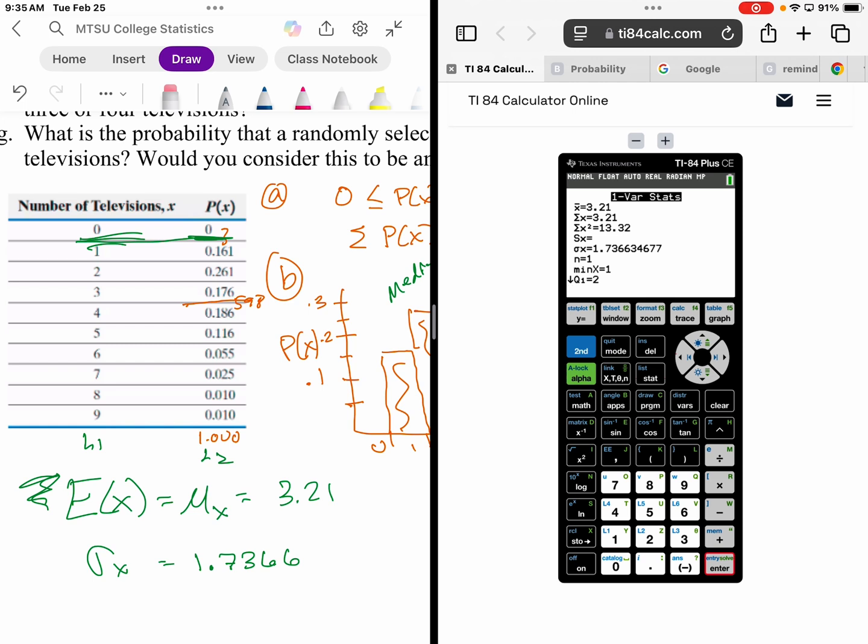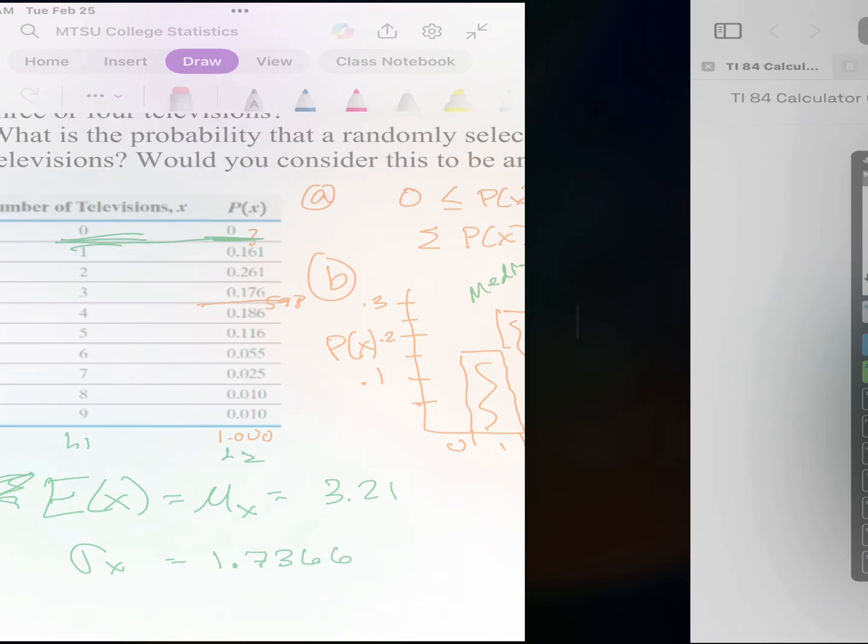Now, it said to interpret, so let me write down an interpretation here, that way you have it in your notes. So let me get rid of the calculator.